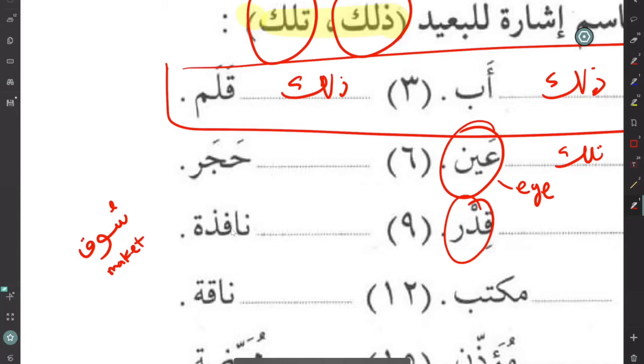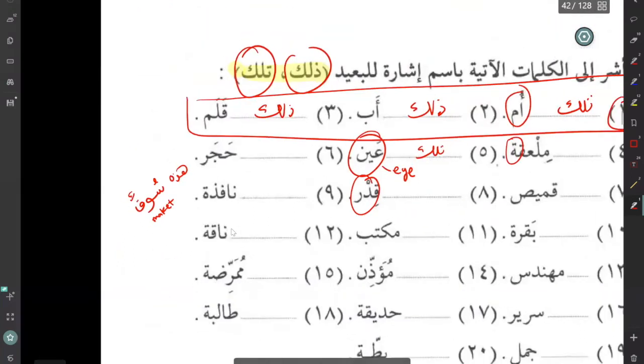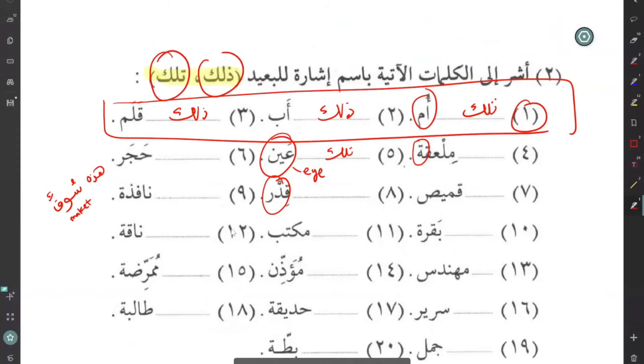Just know that there are some words that have exception cases. So here you have to say hadihi suqun. Even though there's no ta marbuta, this is not a female person, there are some words. And also I mentioned nar, jahannam. Okay, all of these words are feminine. Ard, the earth, is also considered a feminine word.